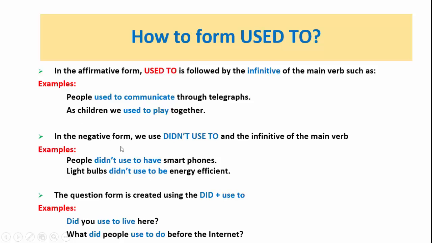In the negative form, we use didn't used to and the infinitive of the main verb, such as people didn't used to have smartphones. Light bulbs didn't used to be energy efficient.